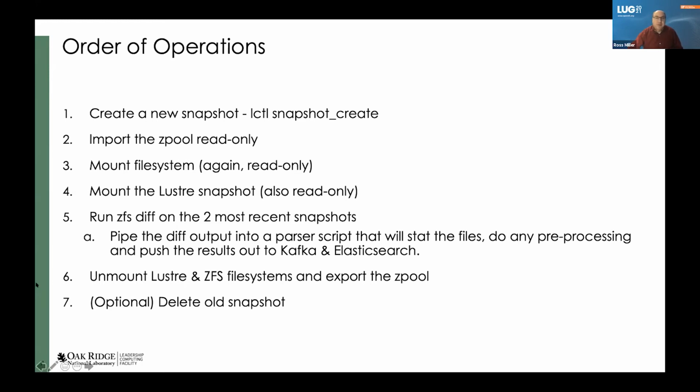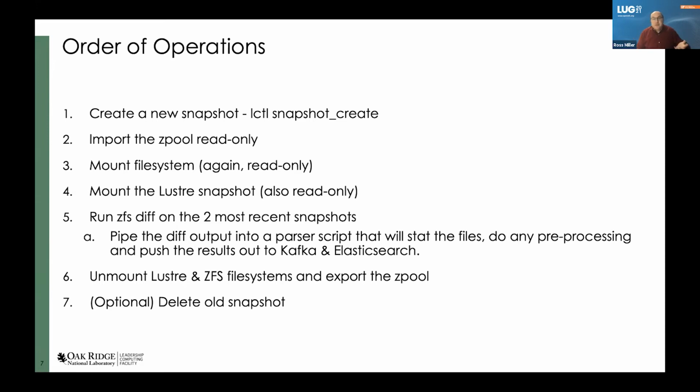For files that have been modified, the idea, and the very simple testing we did, is to have a script that parses the zfs diff output and then stats all the modified files, and that is why we actually mount the ZFS snapshot in step 3. Step 4.